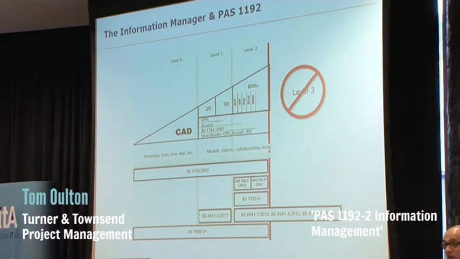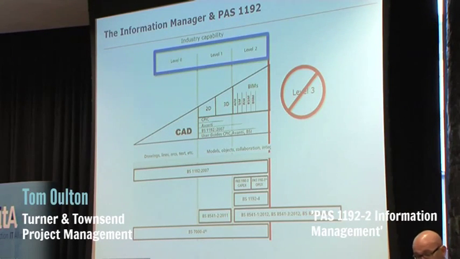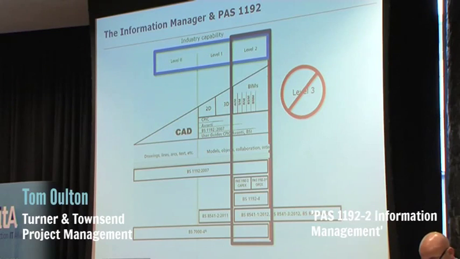If anybody claims to be working at level 3, when you chat to them, walk away. Walk away from that person. They're either trying to pull the wool over your eyes, or they've already had the wool pulled over their own. We'll just ignore level 3. The industry is at different stages, at level 0, 1 and 2. And this is what we're trying to achieve. And the information manager will help you achieve level 2.